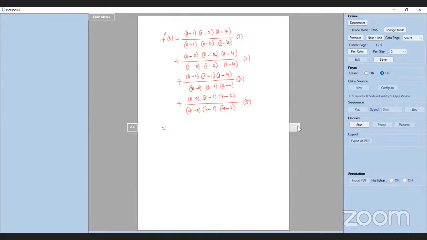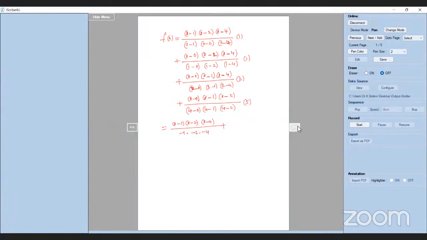This is equal to, what is the first term? (x minus 1)(x minus 2)(x minus 4) divided by (minus 1)(minus 2)(minus 4), into 1, that is 1.